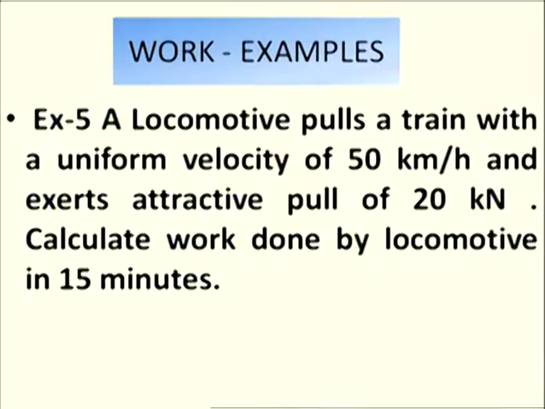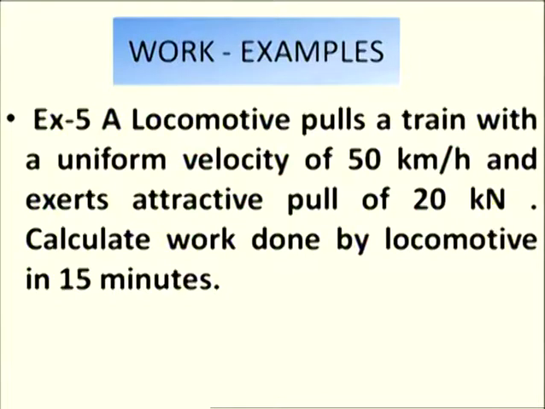Let us take another example. A locomotive pulls a train with a uniform velocity of 50 km per hour and exerts the attractive pull of 20 kN. Calculate work done by locomotive in 15 minutes.